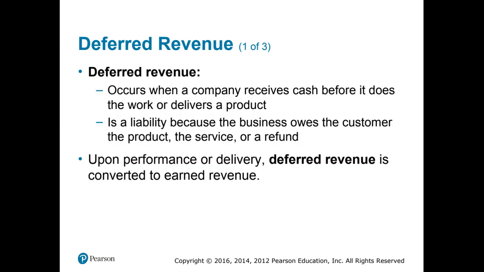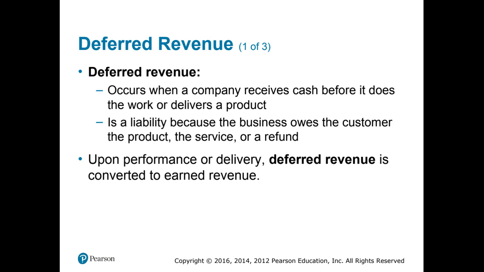Deferred revenue. Deferred revenue occurs when a company receives cash before they do the work or deliver the product. It's a liability because the business owner owes the customer the product, the service, or a refund. So they gave us this money. We have $100 in our hand right now, but we have not earned it.